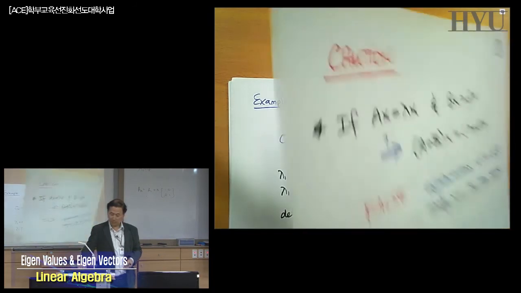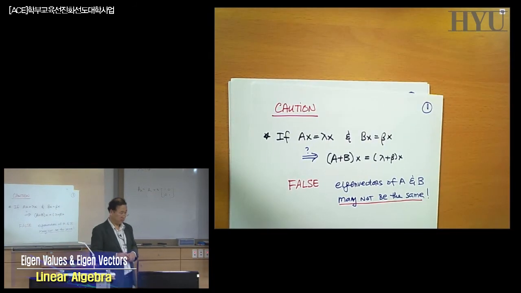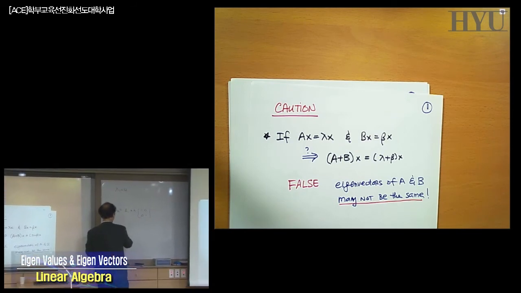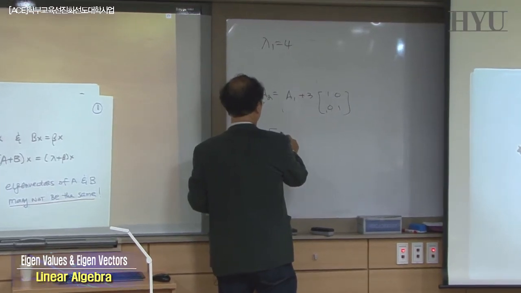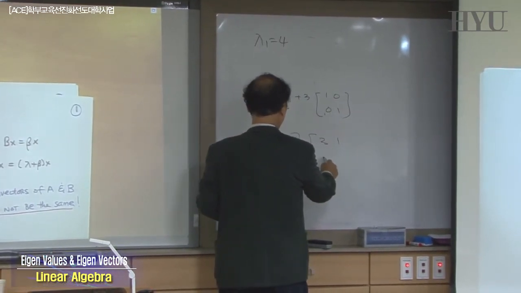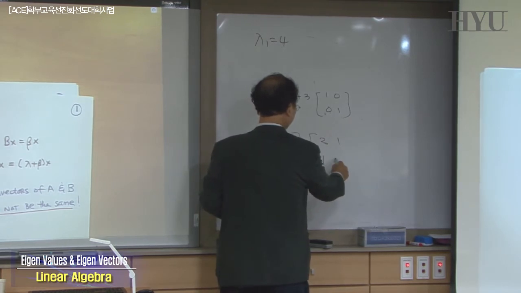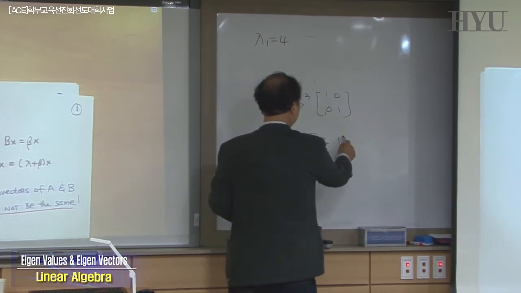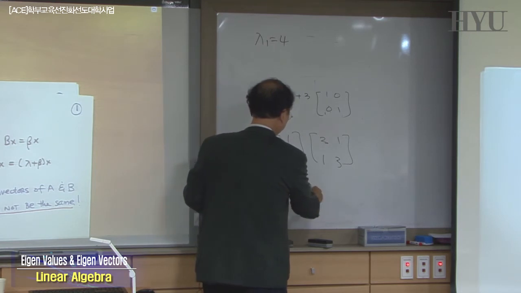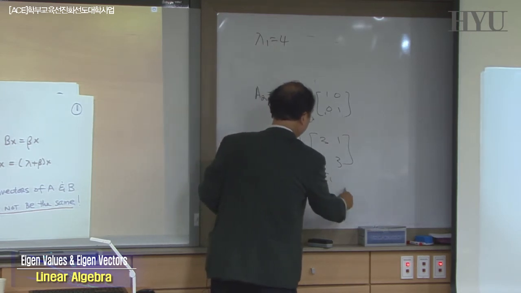The relation holds if the x in Ax and the x in Bx are the same. Right, that was the case in our earlier example: 0, 1, 1, 0 and 3, 1, 1, 3. This one is shifted, because it is 0, 1, 1, 0 plus 3 times the identity matrix.